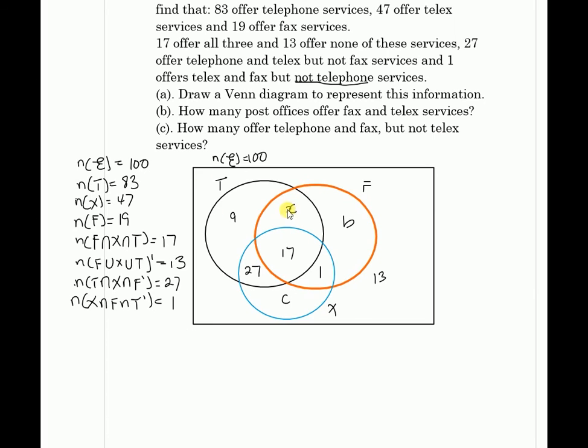This one was telephone and fax, but not telex. That is the X which we have there, so you can assume it is X. Then part B: how many post offices offer fax and telex? Those ones are 18. We just need to add this plus that already there, and we get that answer.